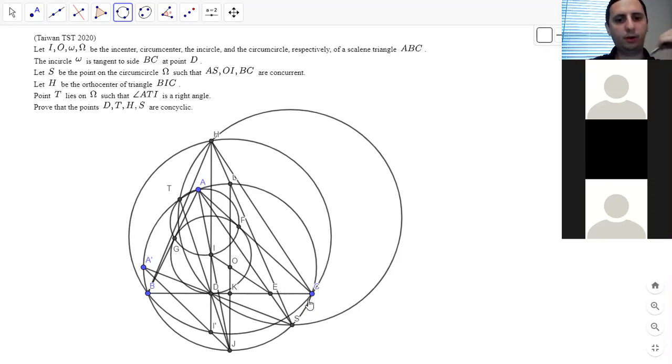How did you end up finding that HAIS would be cyclic? Just by simple angle chasing. Okay. I'm going to write it in the chat now. Okay.